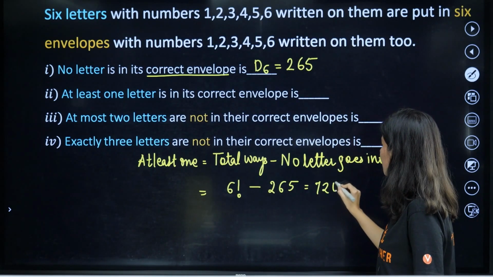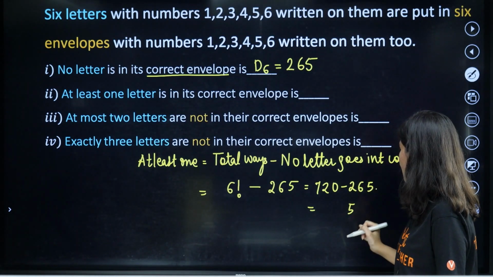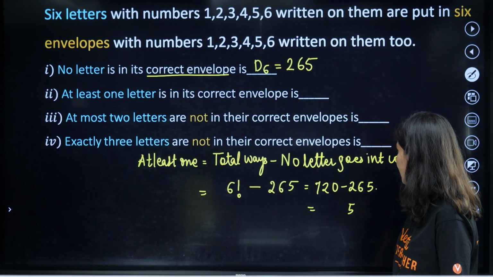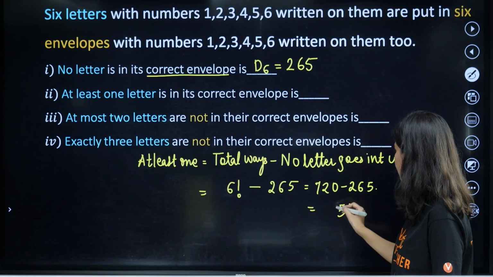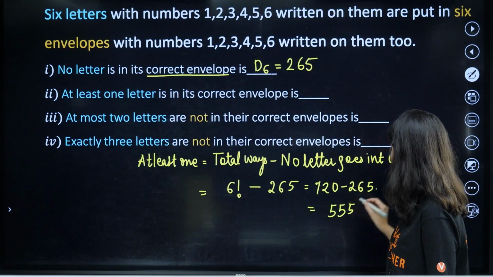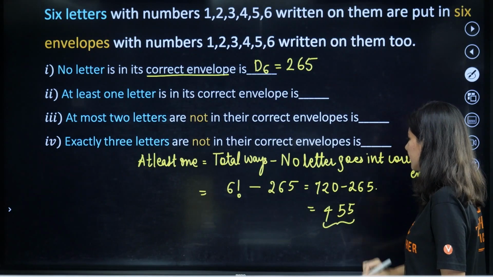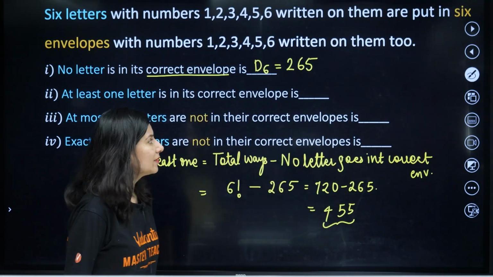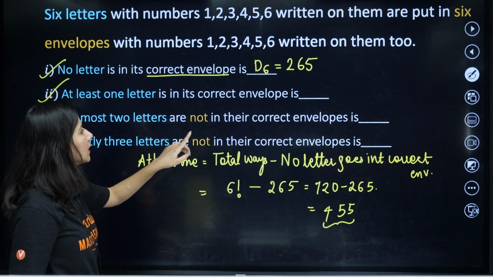So 720 minus 265, 71 minus 26. 455. Sorry, 455. This will be the answer. Okay? 455. Done.